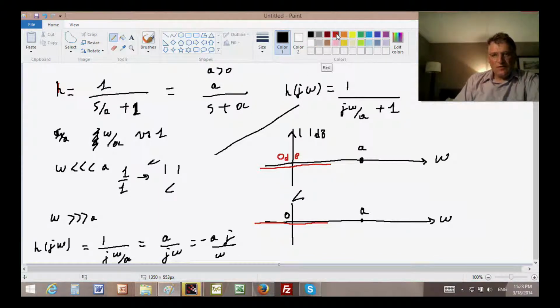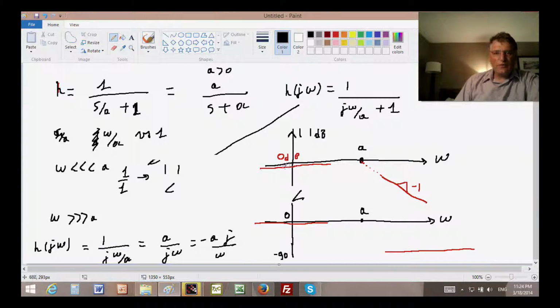So here's what it looks like: a line that goes through that point and eventually becomes a line with a -1 slope here. Now for the phase, this is a phase of -90 degrees. Past A, for higher values of omega, the phase is going to be about -90 degrees, which is about here.